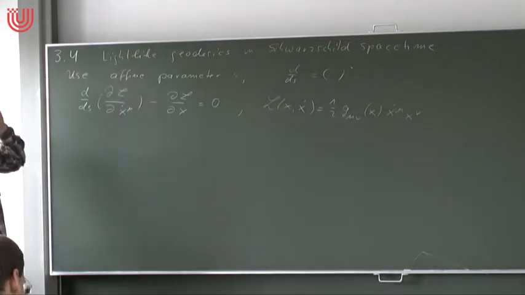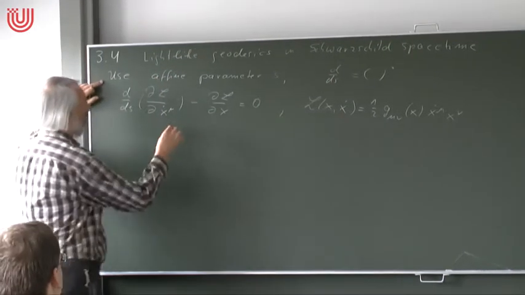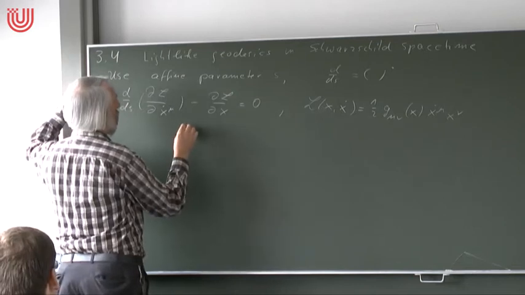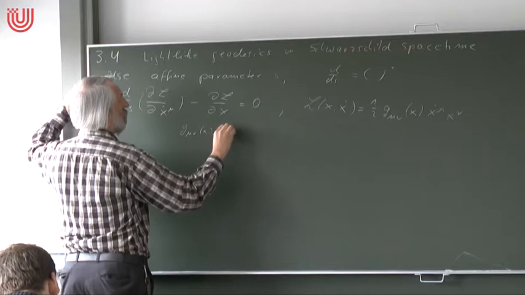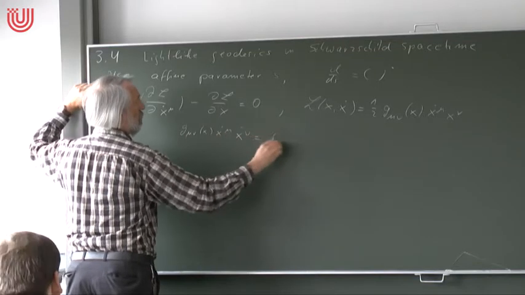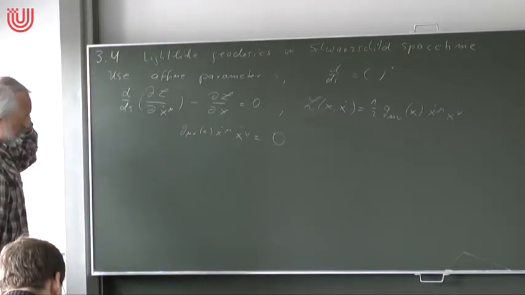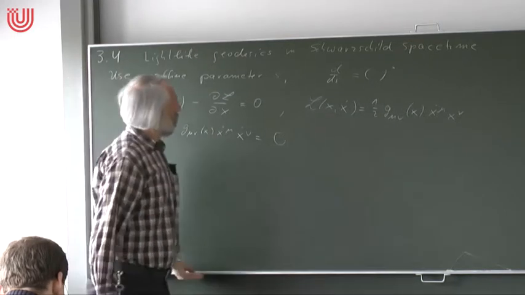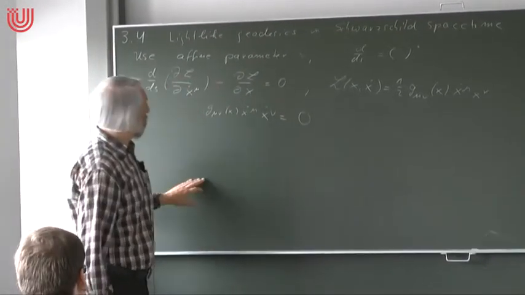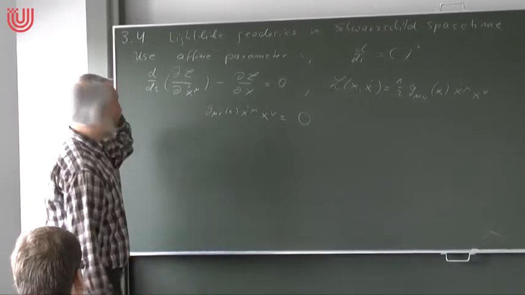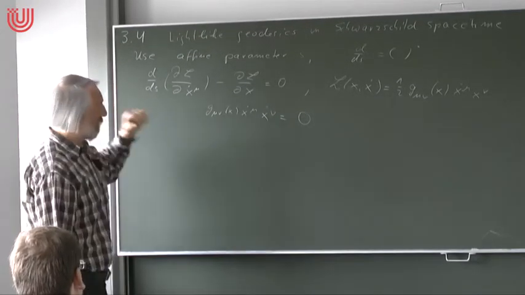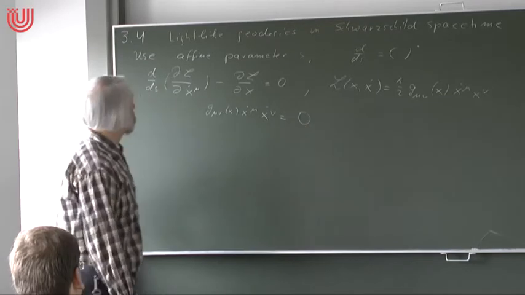And now we have light-like geodesics. This means we have g_mu nu x^mu dot x^nu dot equal to 0. So that's the difference in comparison to the time-like geodesics. There we had minus c squared here. And if we were interested in space-like geodesics, we would have something positive here.